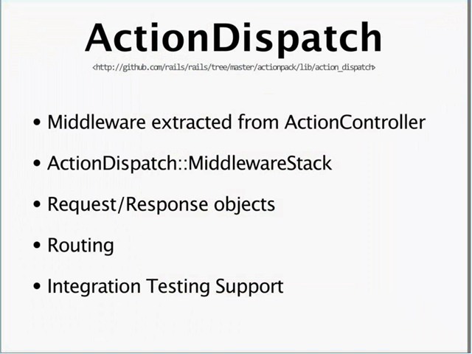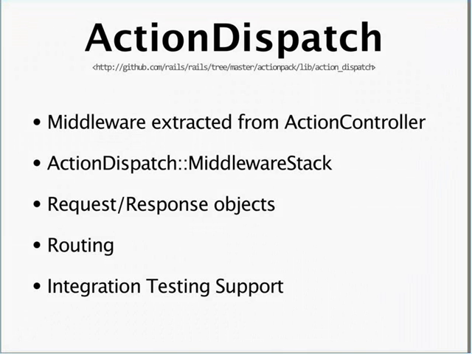And so most of what I'm going to talk about centers around this new component called Action Dispatch. It's a part of ActionPack, and it's largely an extraction of things from ActionController. I wasn't involved in the development of Rails 3 or Action Dispatch, but I imagine the way it was done is, they looked at ActionController and said, man, what can we break out and turn into this modular Rack architecture?